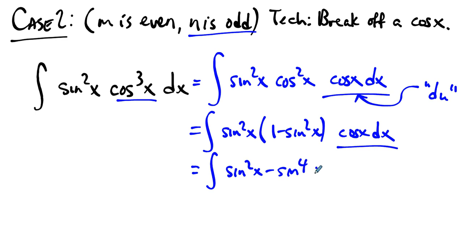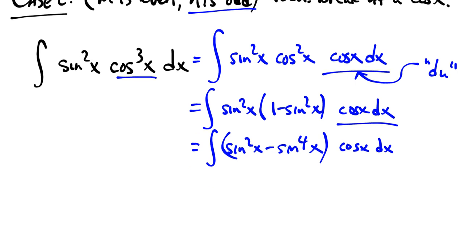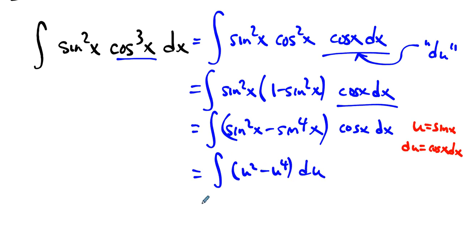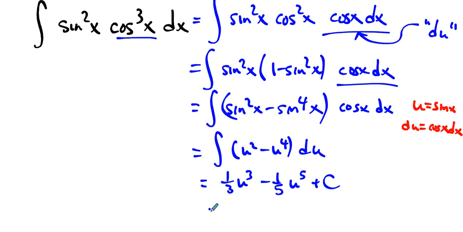This is an expression with a bunch of sines in it, which means that we let u be sine x, we let du be cosine x dx, and what does that give us? u squared minus u to the fourth du, which is 1/3 u cubed minus 1/5 u to the fifth plus a constant, and they didn't give us u's originally, they gave us x's originally.